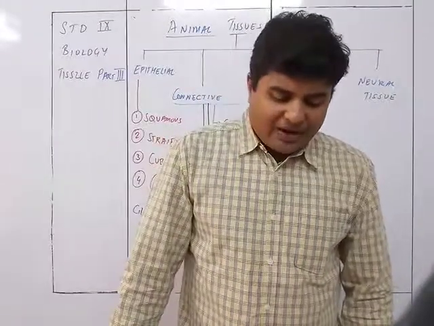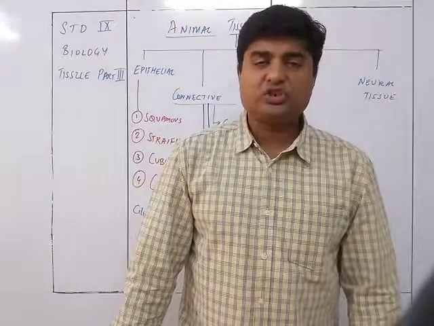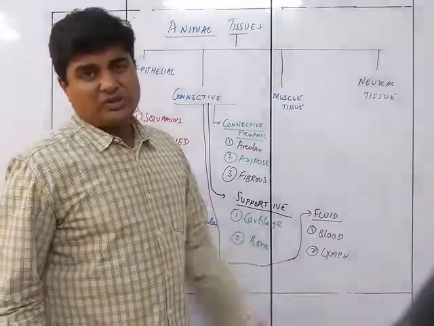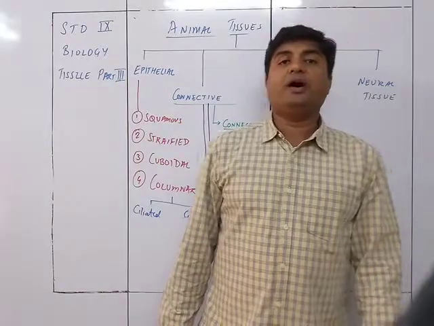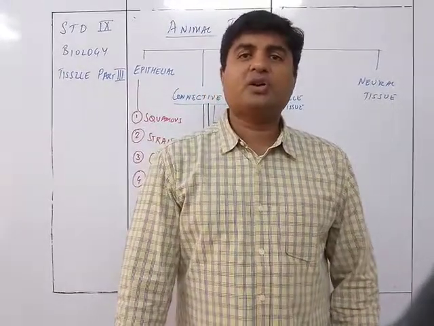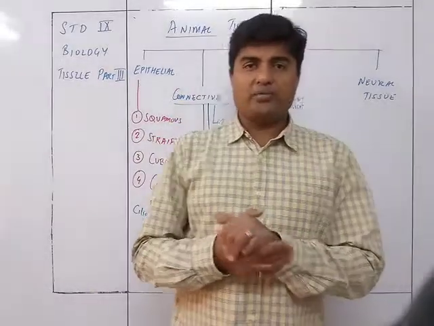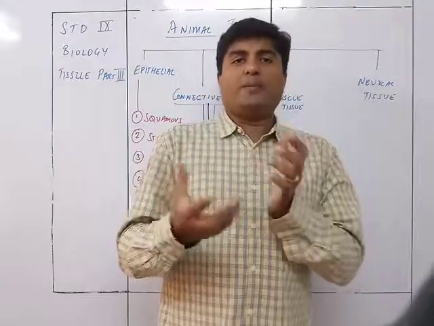Both blood and lymph are mainly concerned with transportation and also with immunity, protection against diseases. Firstly, the blood and the lymph are the transport mechanism. They are called the circulatory systems. They are the courier of our body. Why courier? Because every part of the body is doing some function.